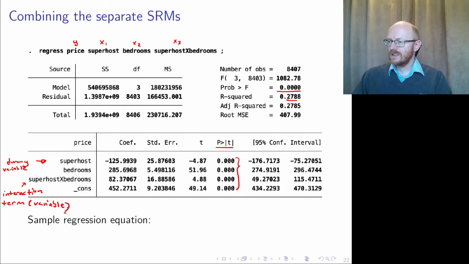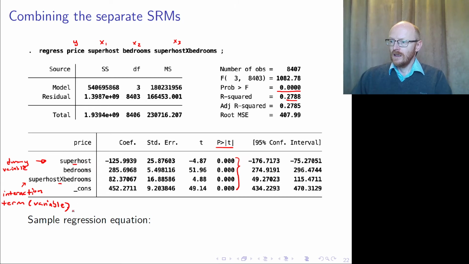Okay, so what we have here is that, remember, for non-superhosts, the value of the superhost variable is 0, and the value of the superhost times bedrooms variable is also 0.